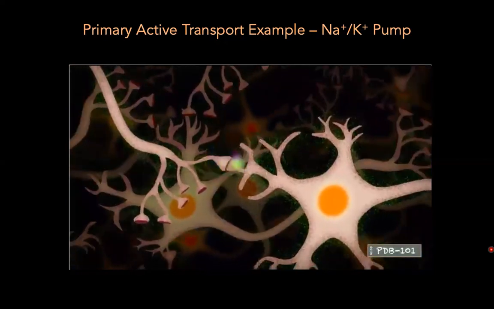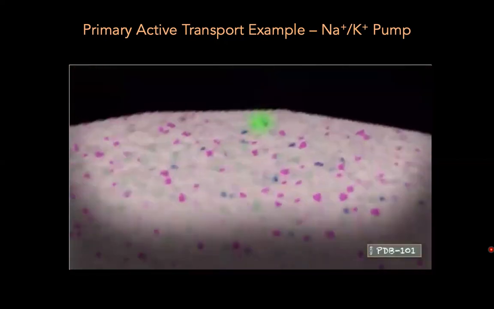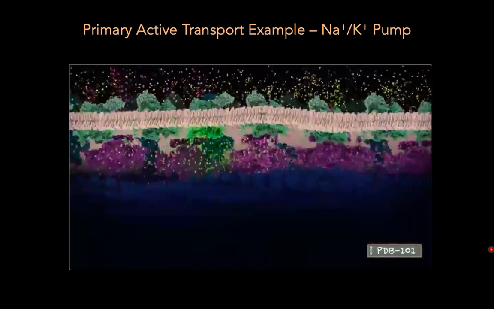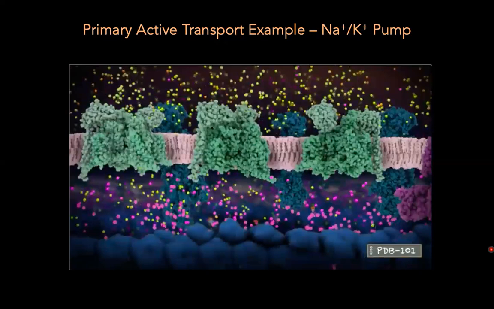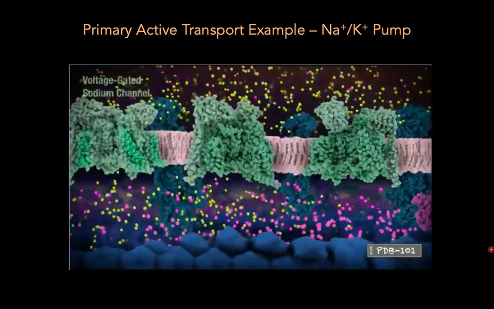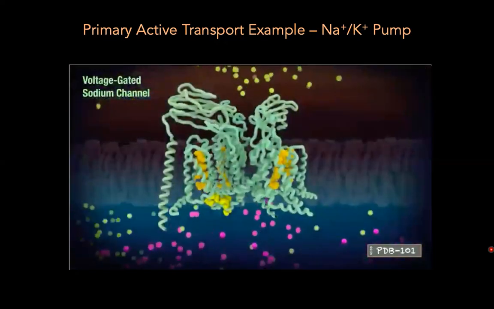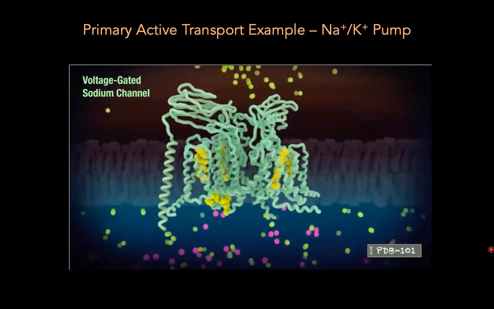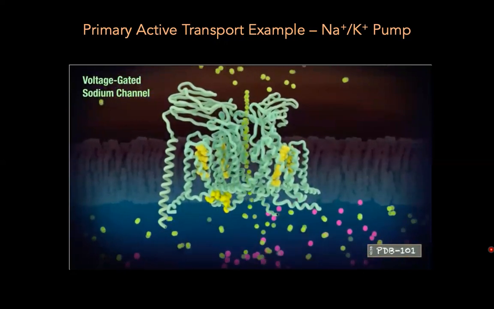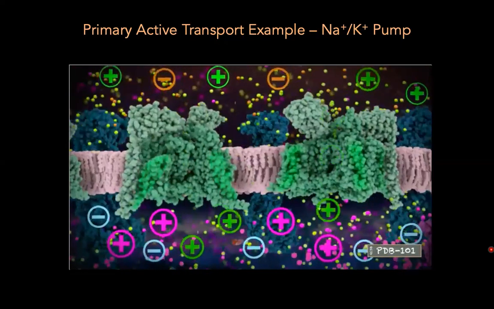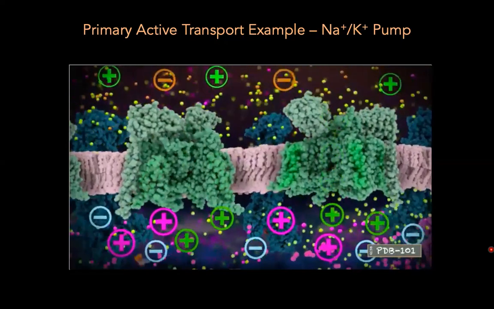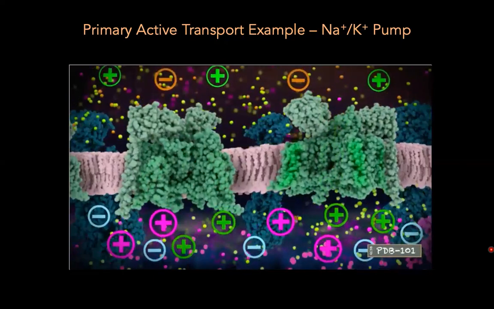To transmit a signal, the neuron creates an action potential which travels down the axon. The action potential is mediated by the opening of the voltage-gated sodium channels, which allows sodium to enter the neuron. This depolarizes the membrane in that local area. Neurons then repolarize the membrane in several ways.